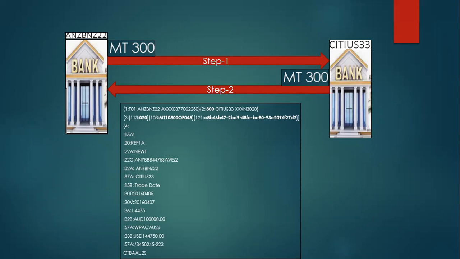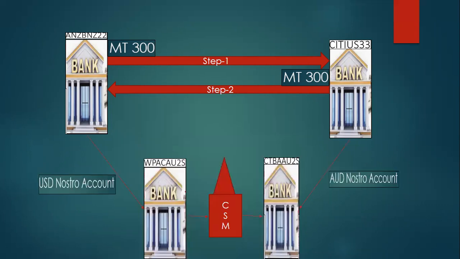And once it is done, then this City US now has to provide the Australian dollar 10 million to ANZ Bank's Nostro holding account. Now, how it works, it is like this.